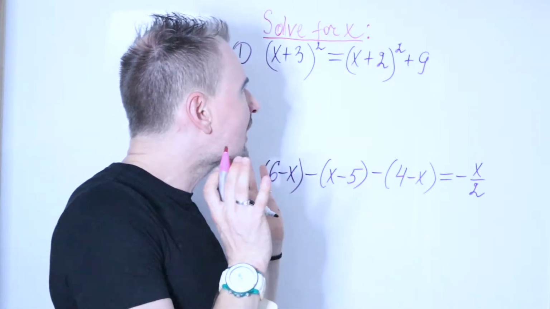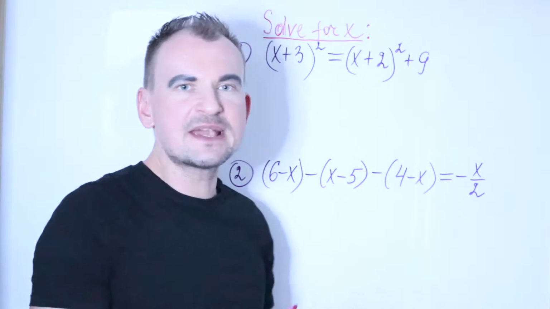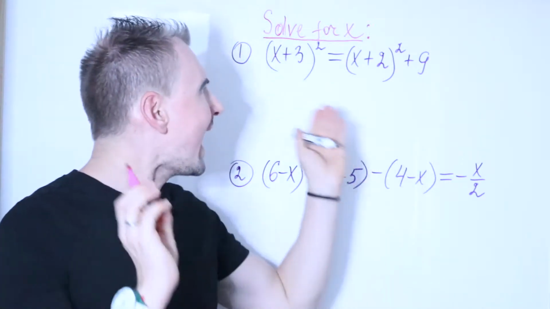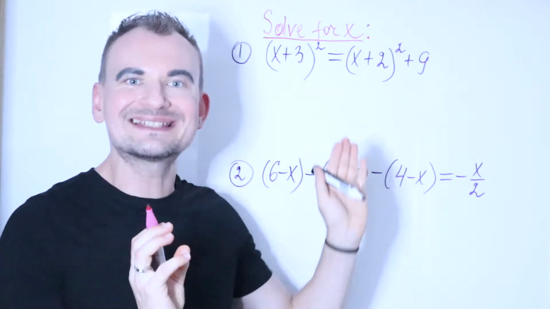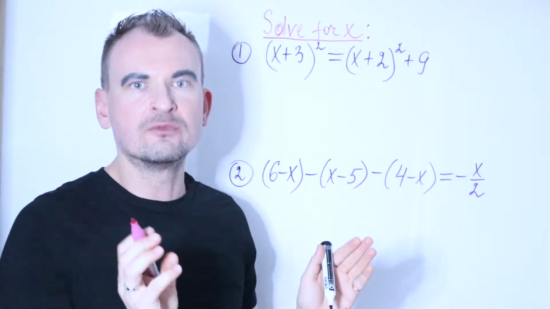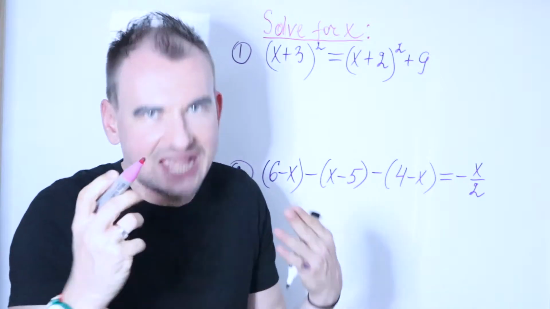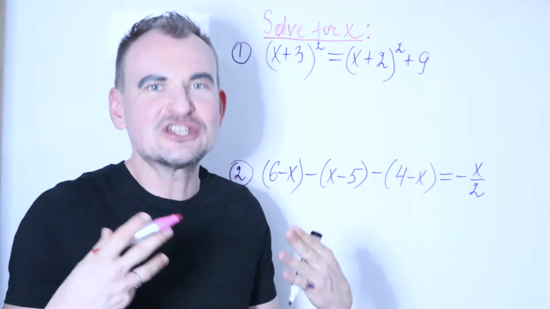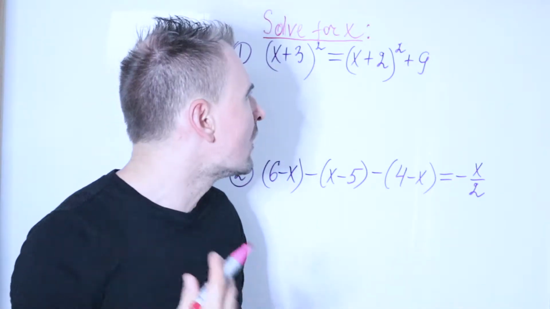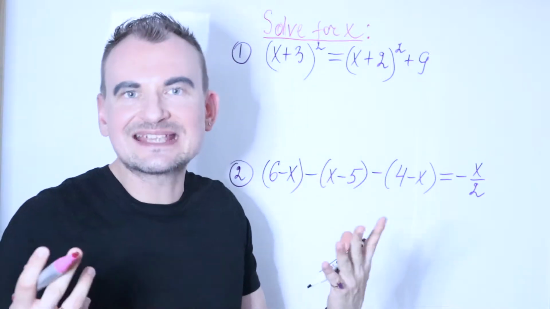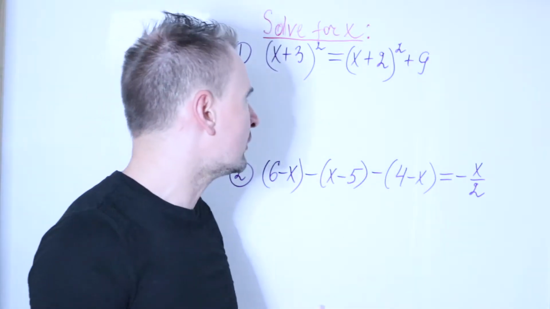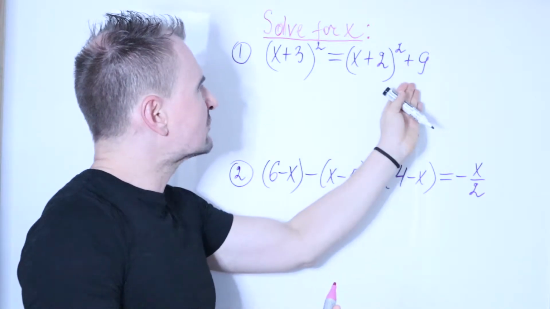The way you would do it is basically you want to get your x alone on one side of your equation. You want to isolate your x. You want to get x equals a number. That basically is going to be your answer, your solution, as they say, for your linear equation.